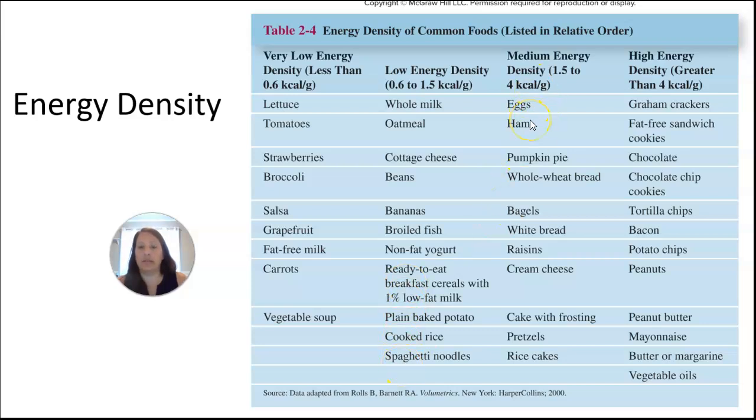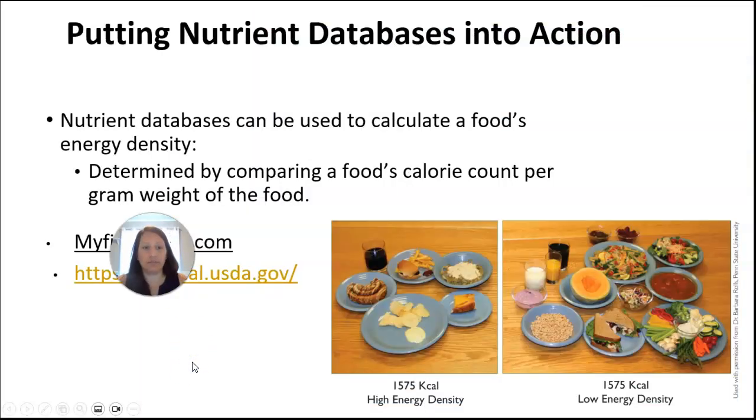Medium energy density, ham, eggs, bagels, white bread. High energy density, graham crackers, chocolate chips, potato chips, bacon, peanuts, other nuts, vegetable oils. Okay, and energy dense does not mean bad. It just means you have to be aware of the serving size. You should always be aware of the serving size.